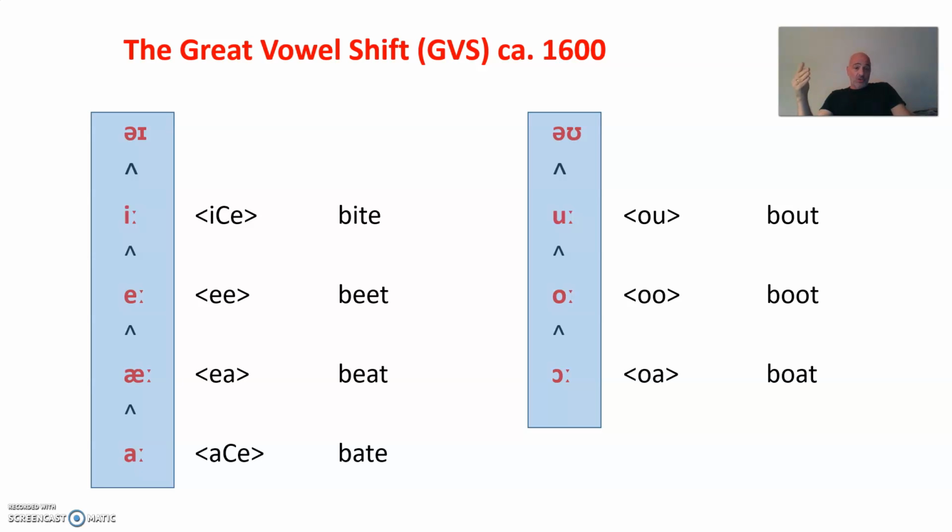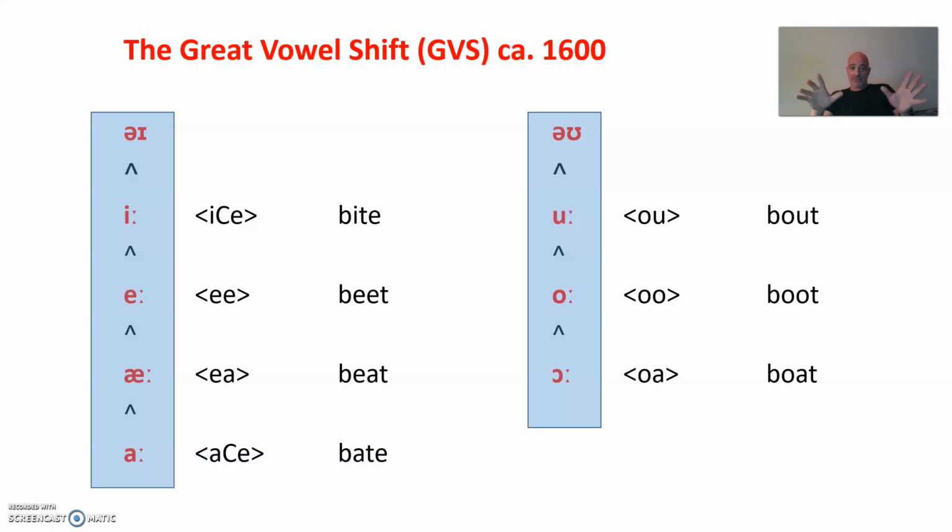So in the Great Vowel Shift, referring to the left-hand side, upper corner there, one vowel becomes the next one up, and the spelling remains the same.